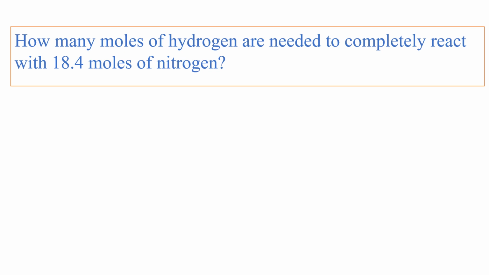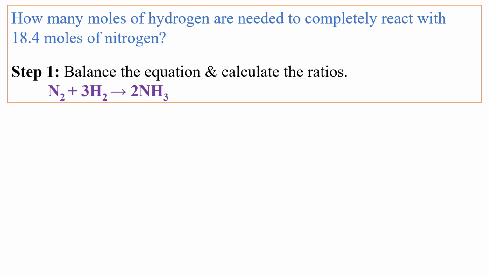First, write the chemical reaction related to this. Nitrogen reacts with hydrogen to form ammonia. This process is very important, we call it Haber's process, very important in the preparation of ammonia gas. Then balance the chemical equation.